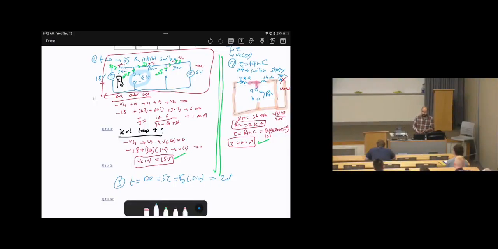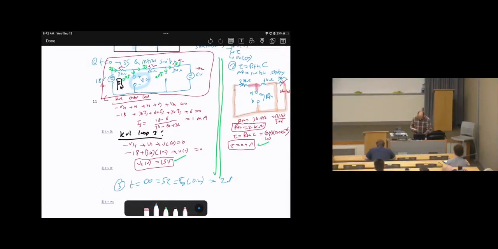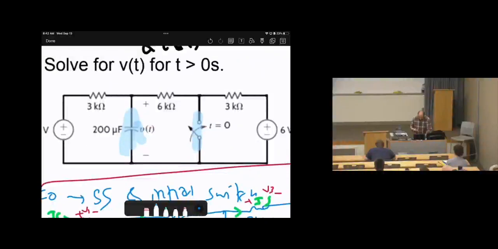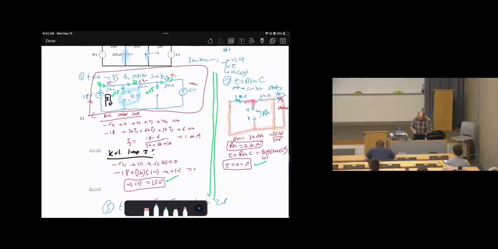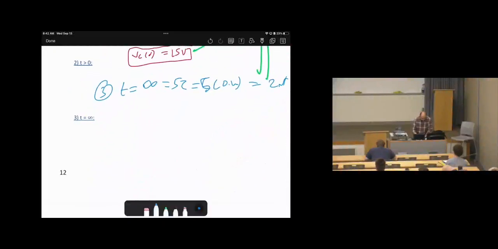Redraw the circuit, but apply the new switch status, which will be open. And make the capacitor an open circuit because we are at steady state. So I'm going to redraw the circuit. Here is plus minus 18 volts. Here is 3 kilo ohms. Then here is plus minus Vc of infinity.